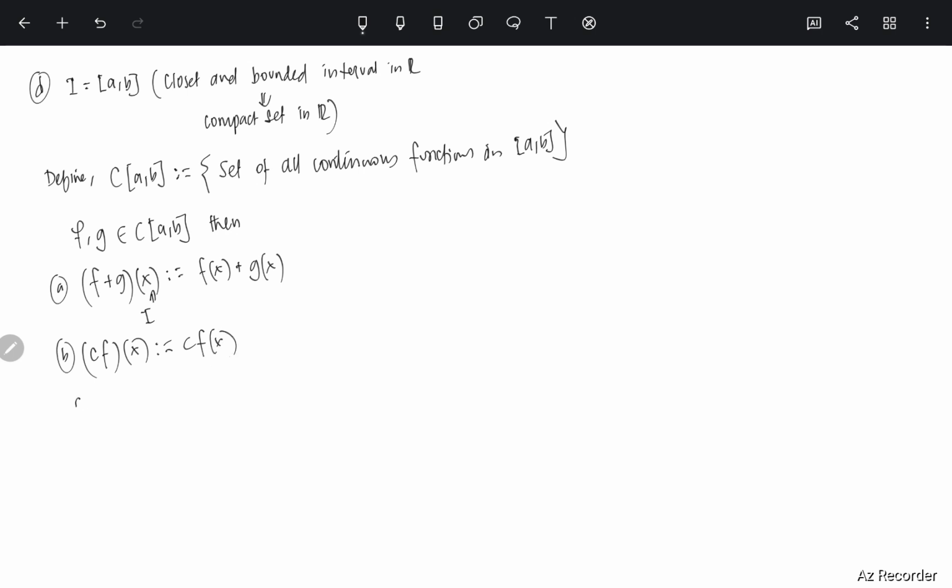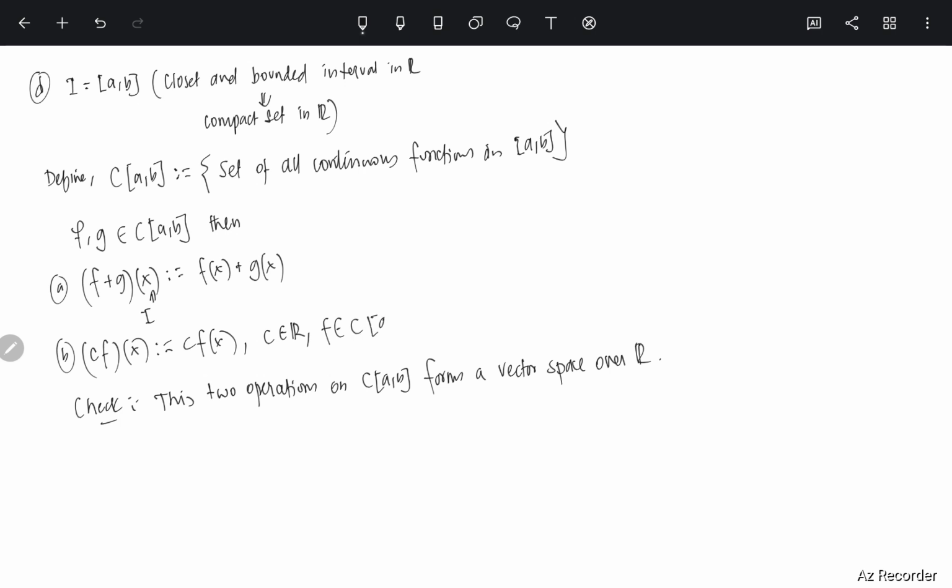Please check that these two operations on C[a, b] form a vector space over R. Why over R? Because here c is in R and f is in C[a, b].